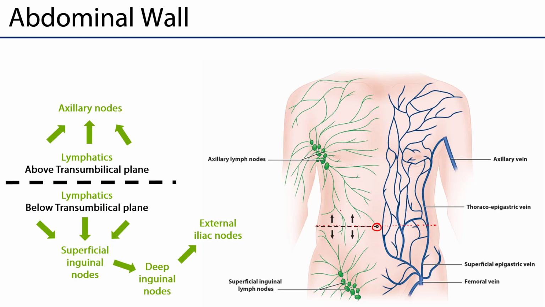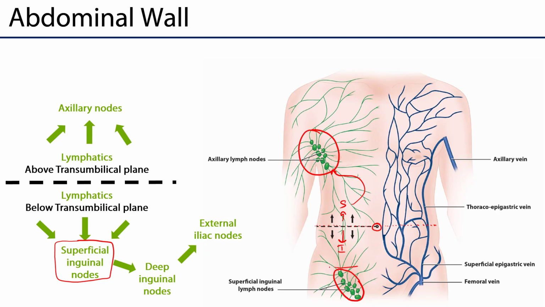So anything superior to this transumbilical plane is ultimately going to drain into the axillary group of lymph nodes. Anything inferior to this transumbilical plane is going to drain into a group of lymph nodes at the lower limb called the superficial inguinal nodes. Those superficial inguinal nodes will then drain deep through the femoral triangle.